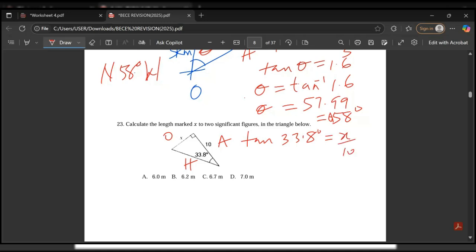So that means X equals 10 times tan 33.8. So we have to find the value of tan 33.8. So 33.8 then tan. That gives us 0.6694.